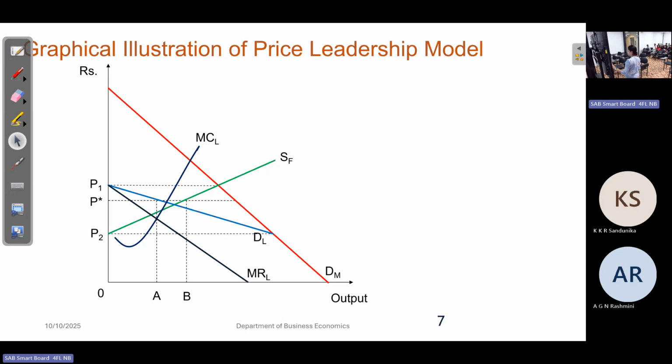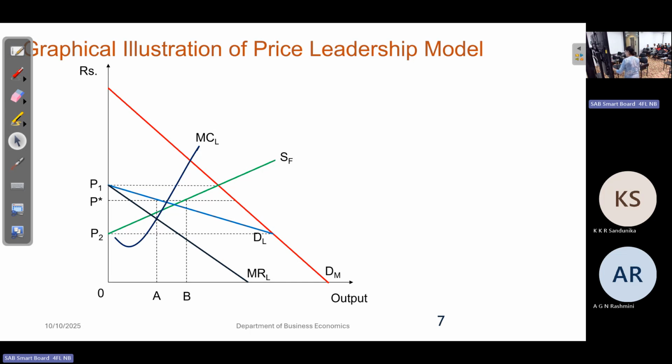Understood? Right. Now what happened? The first step is that the price is determined by the leader. Then we have to check, at the determined price, how much the followers are going to supply. So at P star, if we go until we meet the supply of the followers, at B, that quantity is supplied by the followers.